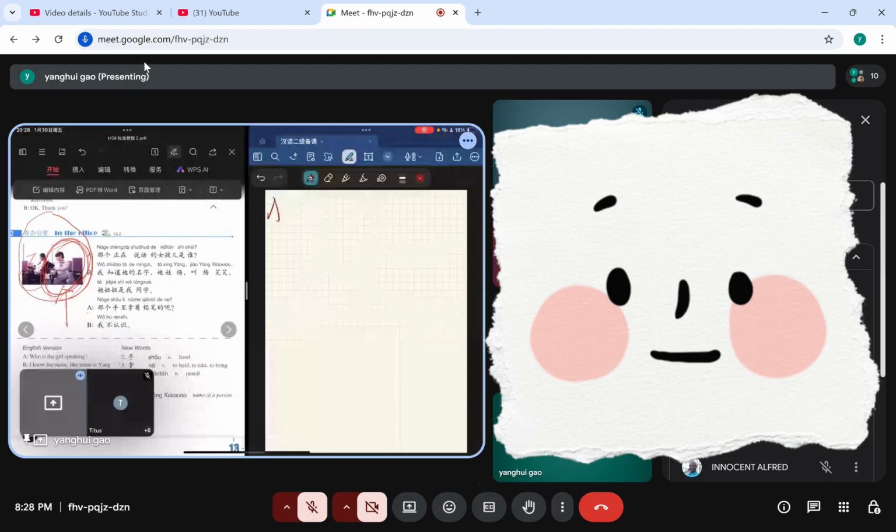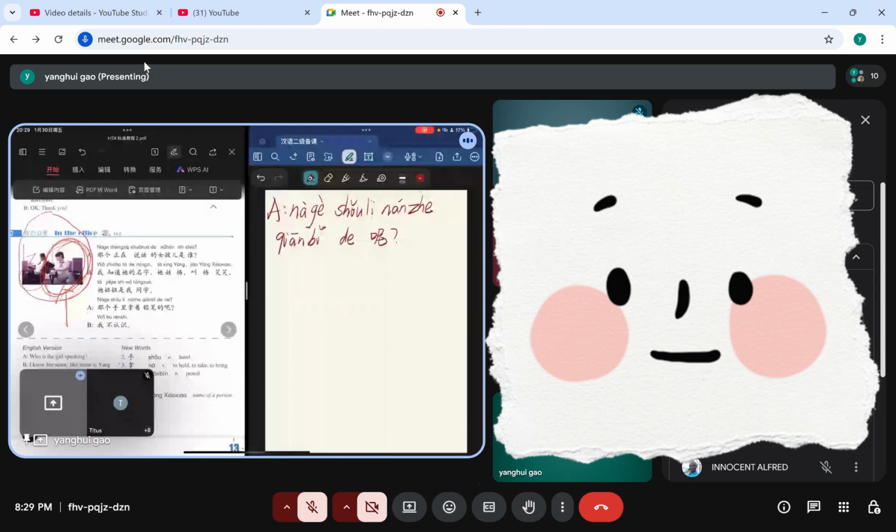So A says, 那个手里拿着铅笔的呢? So here, we use a 呢, right?